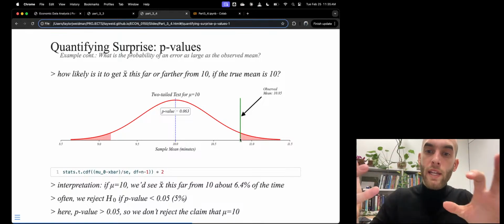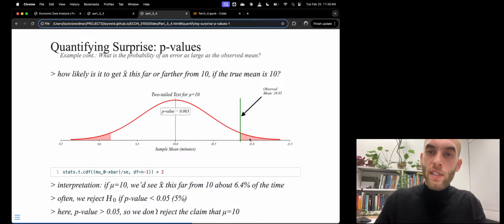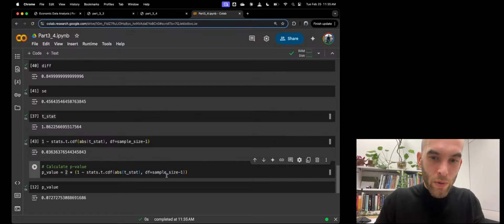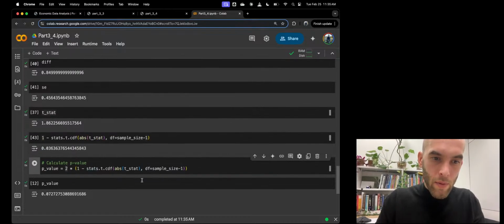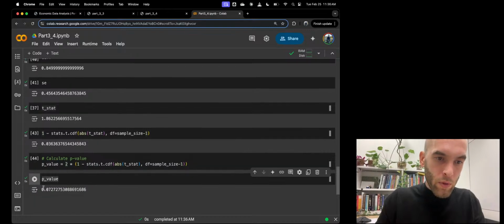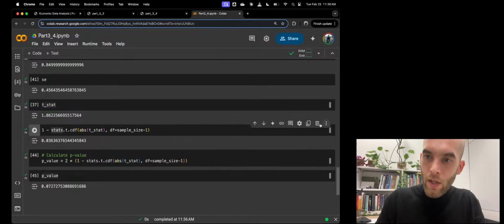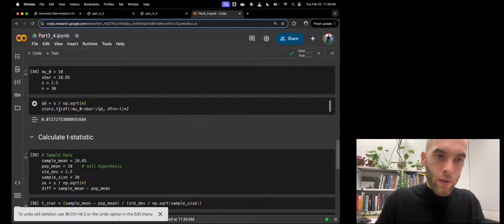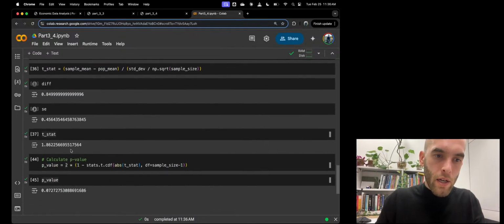So if we take 1 minus that, we end up with what's in one of the tails. But then we need to multiply this by 2, which is what we do down here. So this gives us a p-value, which is equal to .072. And this corresponds very nicely with what we did earlier. So we just used a different kind of approach to find the p-value.